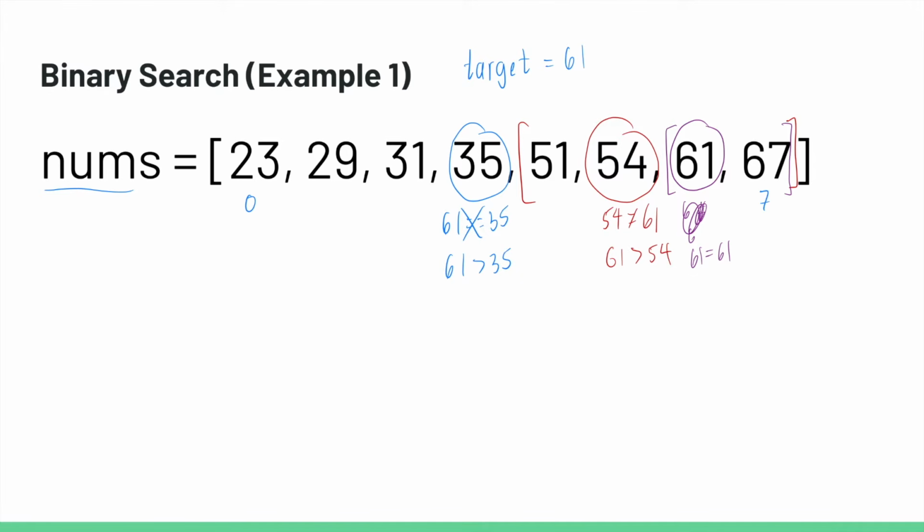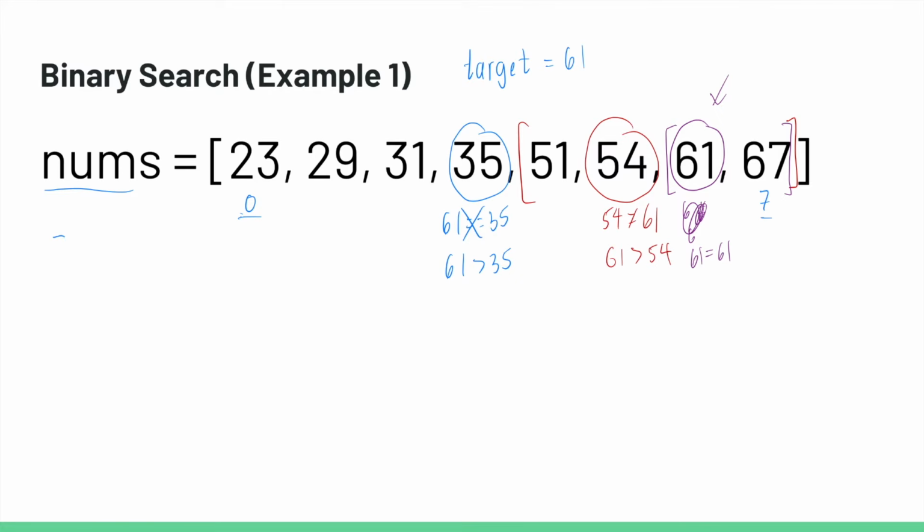Now, as to why we chose the lower element here, honestly, it doesn't really matter. We would have ended up finding the index of 61 at the end. But generally, when we start out with this binary search, and we're looking at the first index and the last index, the way we can find the element in the middle of those is we can add them up and divide them by 2, using the div operator.